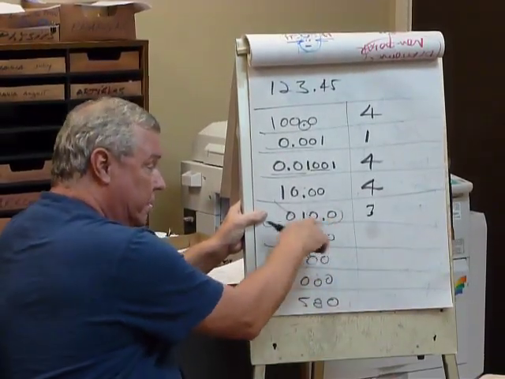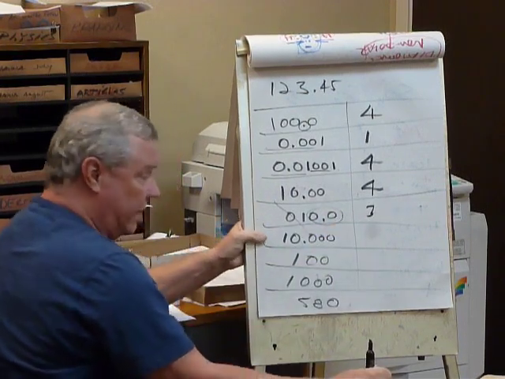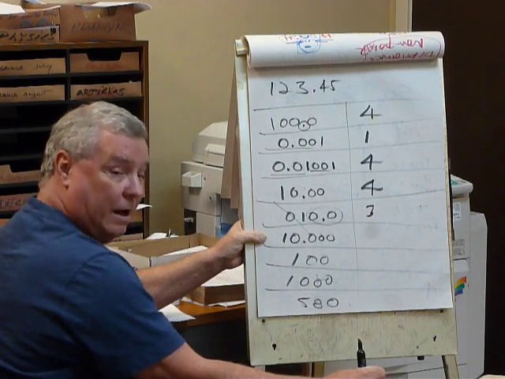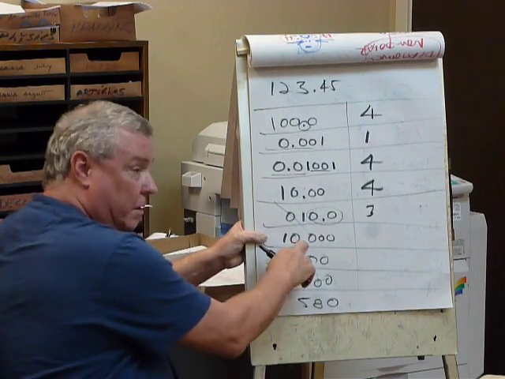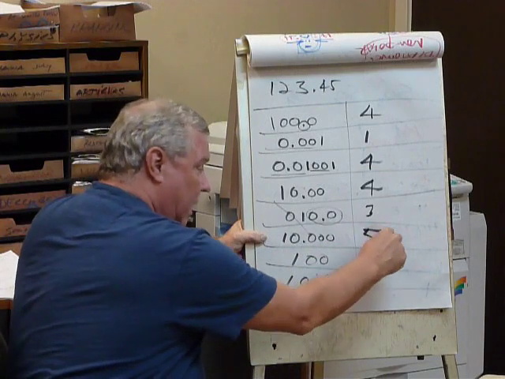These guys are trailing zeros, but there's a decimal, so they count. So we got 3. Scott, how about this guy? 1. Actually, no. I'm sorry. 5. He says 5. 5 or 1, Dylan? 5. There's a decimal, so trailing zeros all count. 1, 2, 3, 4, 5.